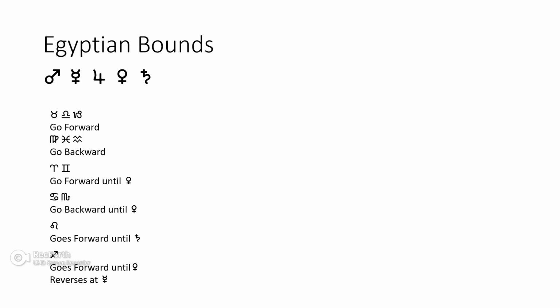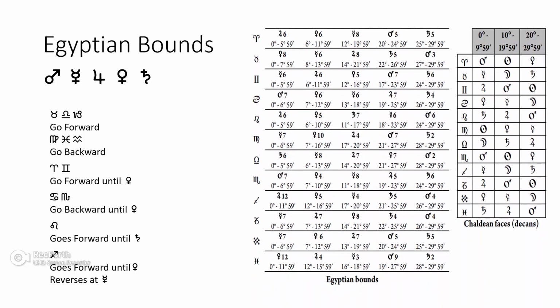So what I want you to note is that there are 3 signs that go forward, 3 signs that go backwards, 2 signs that go forward until Venus, 2 signs that go backwards until Venus, 1 sign that goes forward until Saturn, and the remaining sign does a weird thing and goes forward until Venus and then reverses at Mercury. So let's do this so I can show you what I mean. Now, what gave it away for me was Capricorn.